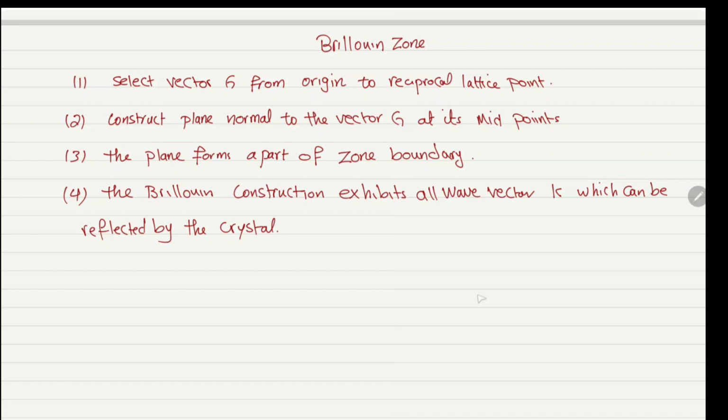So you pick up a central atom with its nearest neighbors like this, and remember it's in 3 dimensions, not 2 dimensions. Now you take the midpoints with planes. It's not like the Wigner-Seitz cell, you take the midpoints with the planes. Now the volume here is called the Brillouin zone.